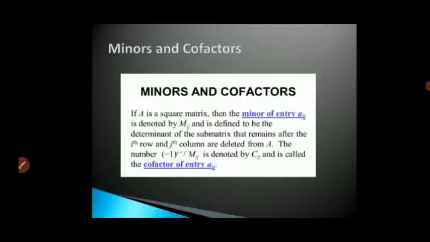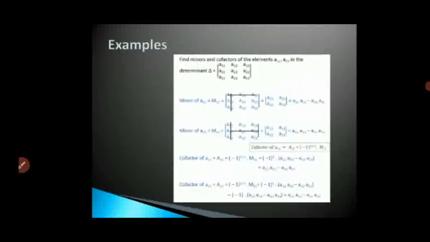Now let us see what are minors and cofactors. If A is a square matrix, then the minor of entry aij is denoted by Mij and is defined to be the determinant of the submatrix that remains after the ith row and jth column are deleted from A. The number minus 1 to the power i plus j times Mij is denoted by Cij and is called the cofactor of entry aij.